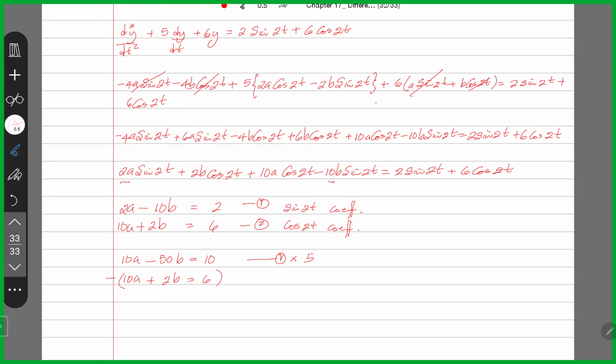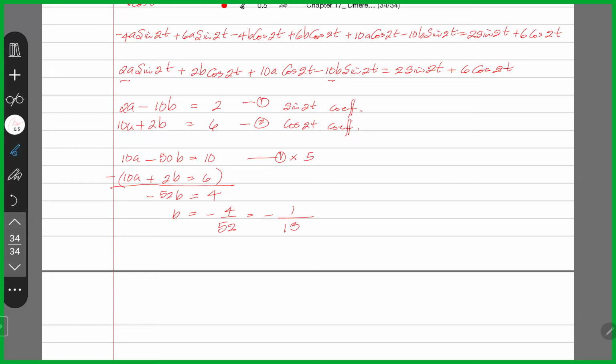So that's B. Let's get A. So back to equation 1: 2A minus 10 times minus 1 over 13 is equal to 2.